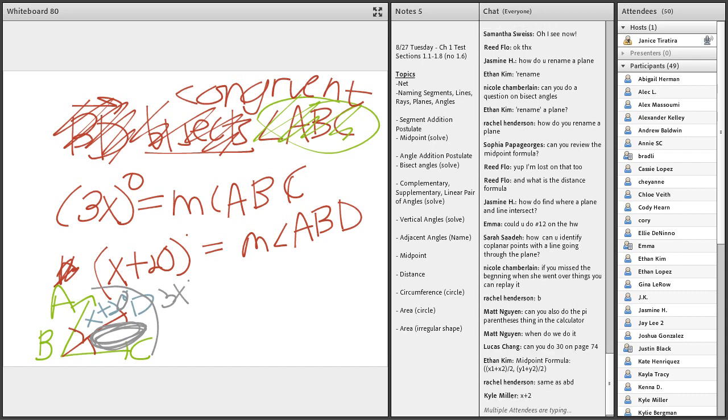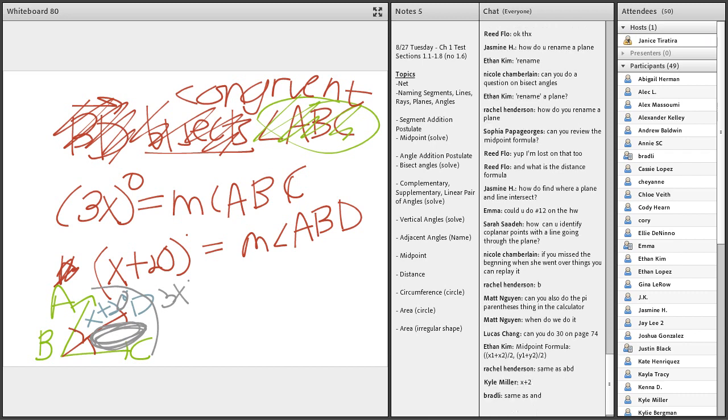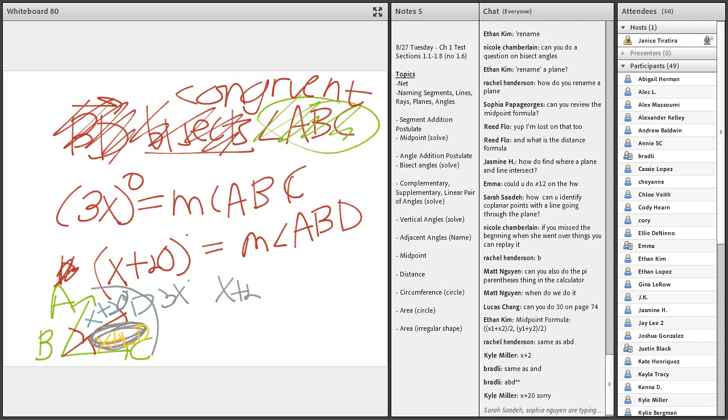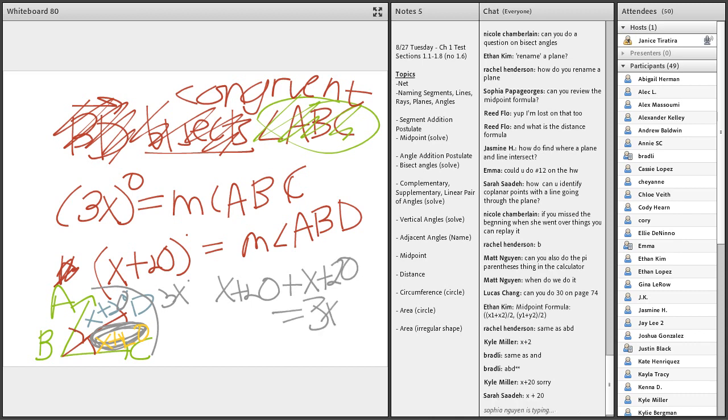Yes, Rachel, it's the same as ABD. We weren't given that. You have to infer that information and write it in yourself. This is called the angle addition postulate. So you do x plus 20, that's the small part, another x plus 20, and that's going to be equal to 3x. I don't know if the math is good, I just made it up, but let's see, that's 2x plus 40, maybe it might come out right, is equal to 3x, and 40 will equal x.